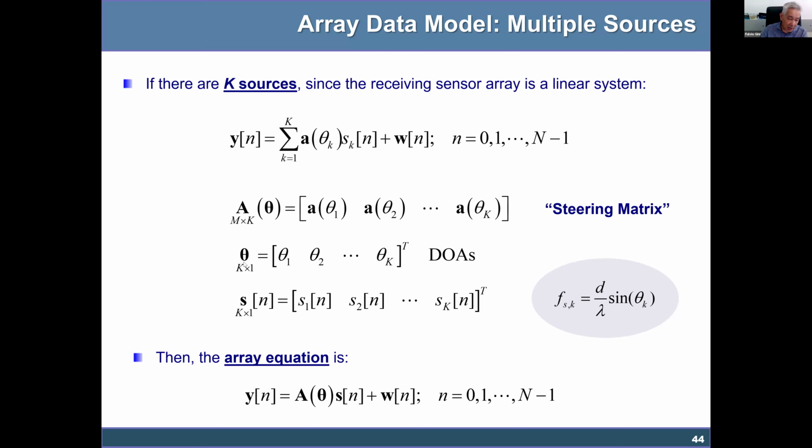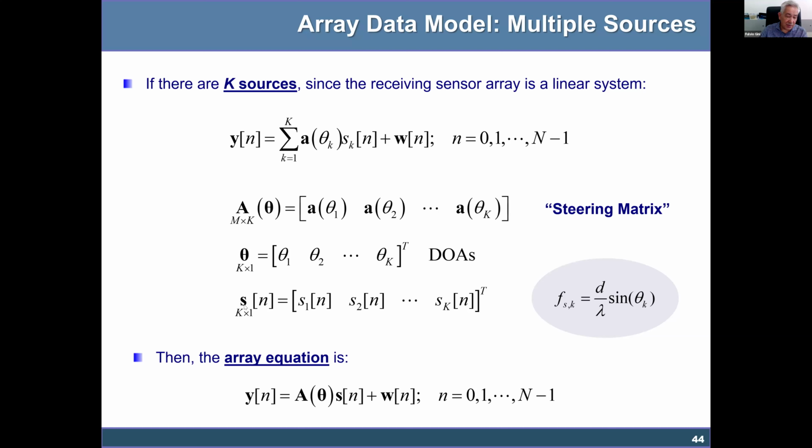So you can denote by theta bold the k-dimensional vector that contains the k directions of arrival. If the array is Euler, we have k normalized spatial frequencies defined the usual way. And then you can define the vector S that is k-dimensional.